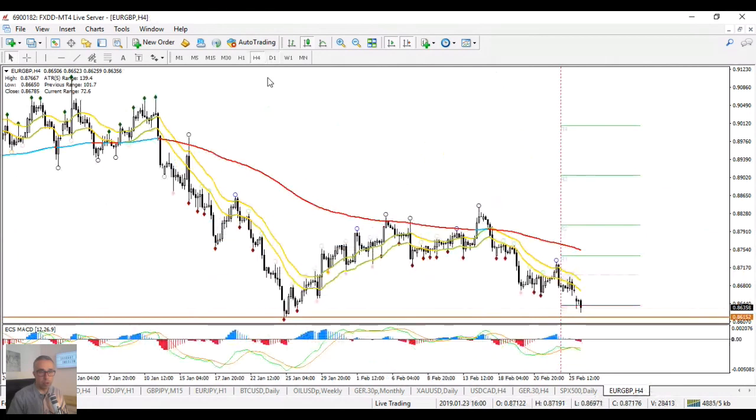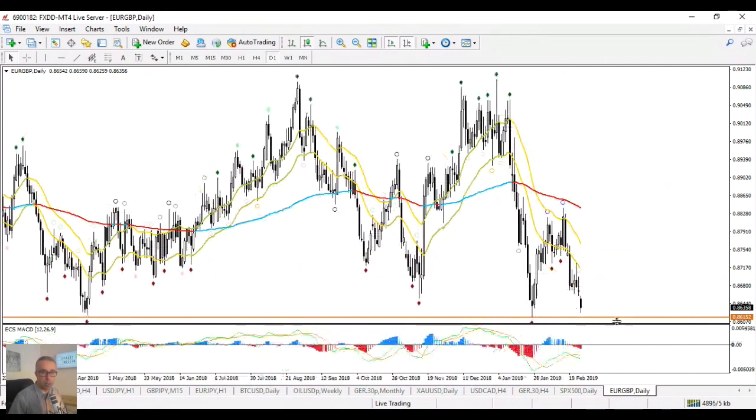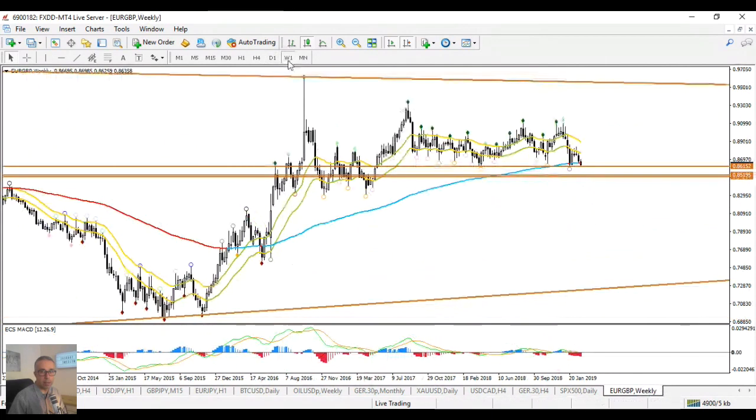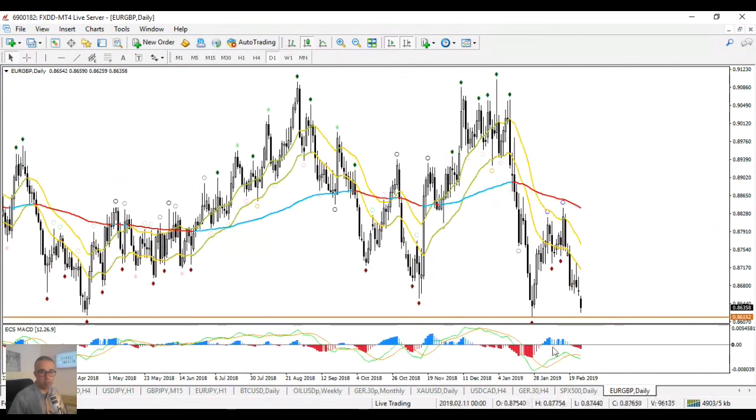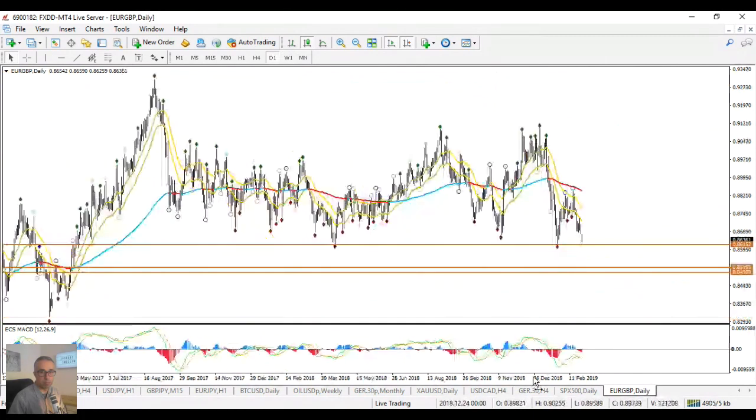Four-hour chart here. That could be different. There could be maybe some space between this 86.15 and 85.20, the 85 level. This zone right here is pretty small.